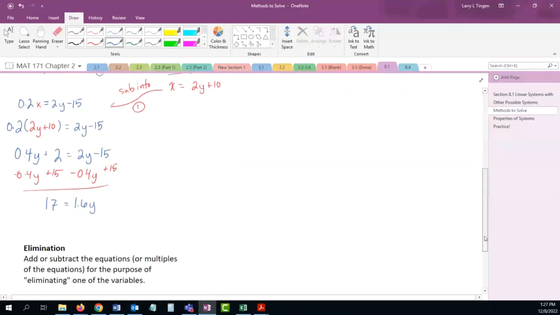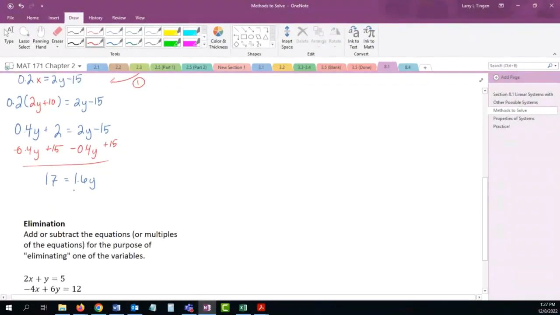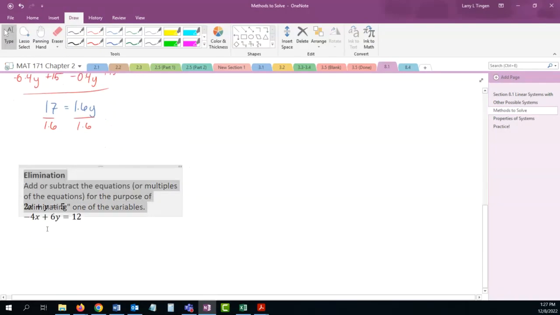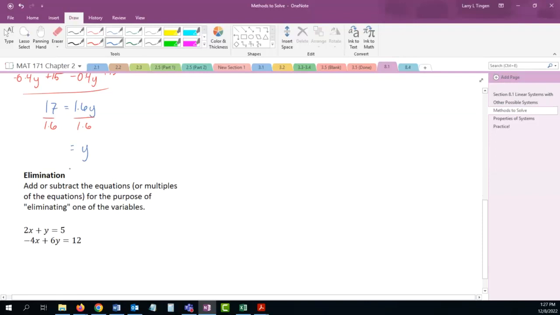Negative 15 plus 15 is 0. And then finish it off. I want y completely by itself, so that needs to be divided by 1.6, which means that y is equal to 17 divided by 1.6, which is 10.625.